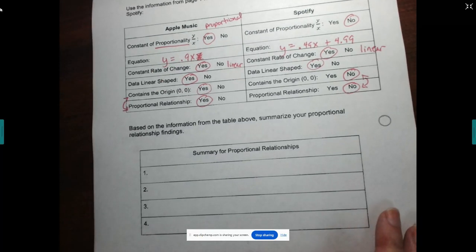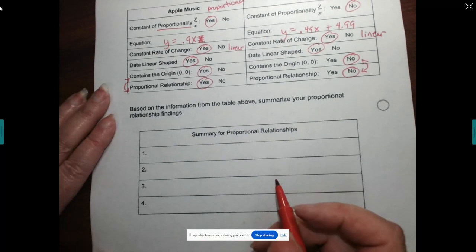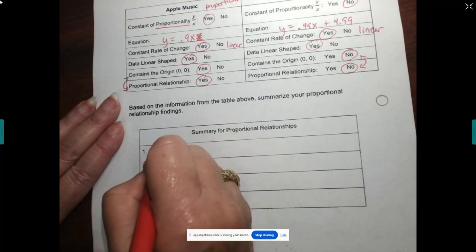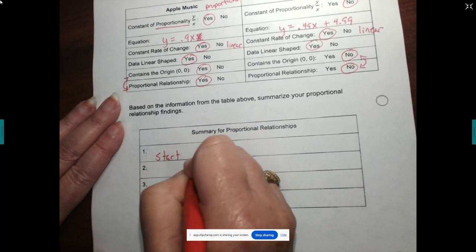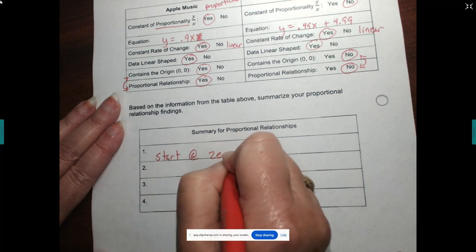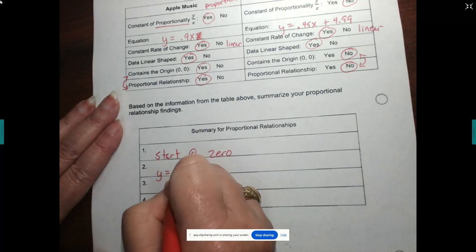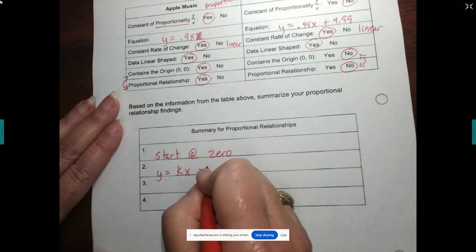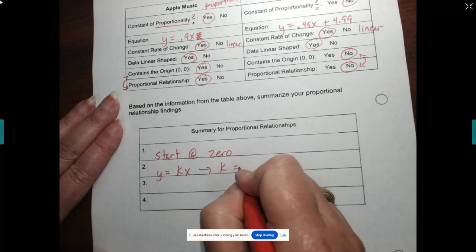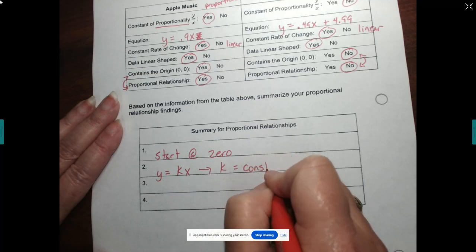So what can we say is true of all proportional relationships? They start at 0. The equation looks like this: y equals kx, where k equals the constant of proportionality.